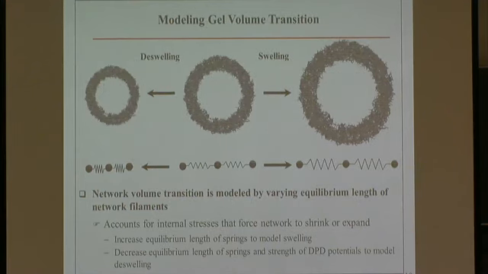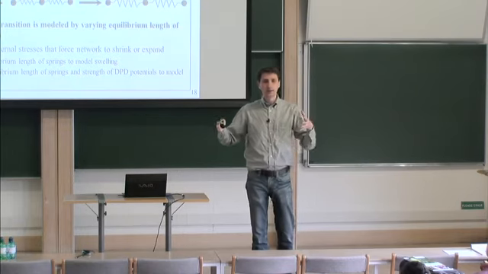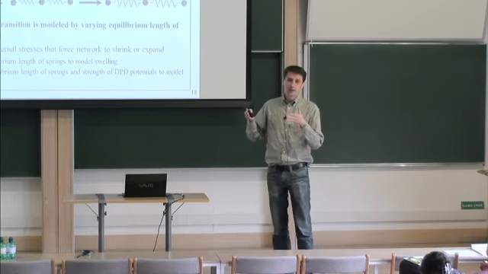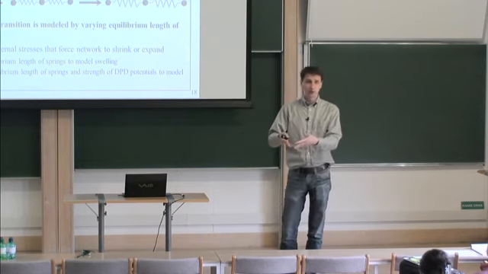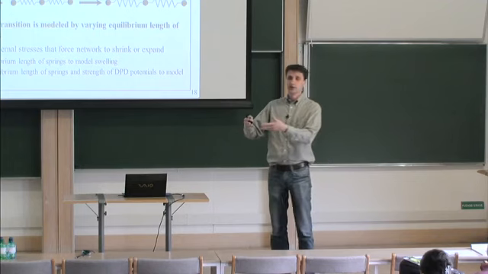So the next step, we need to introduce responsiveness to this network, right? Essentially what happens with a gel, if it swells, if you change something in the environment on a chemical level, you sort of create internal stresses inside the network that try to elongate the filaments, right? So they elongate the filaments, and then the network essentially swells and expands, right? The dynamic of this swelling is defined by a balance between two forces. One is elastic energy inside the network, which is a result of some chemical process.